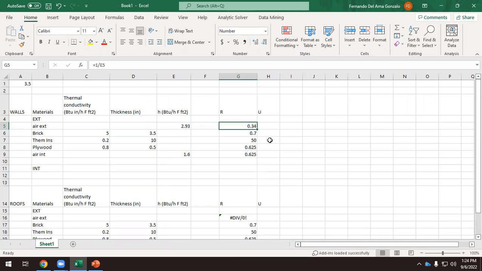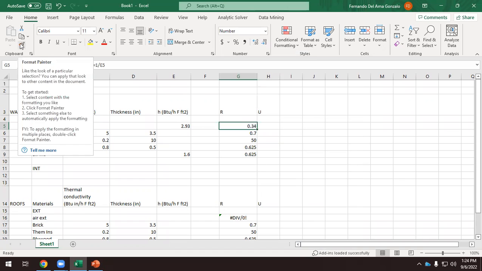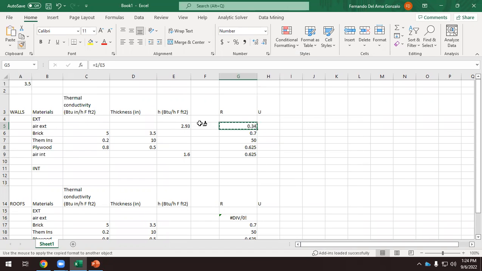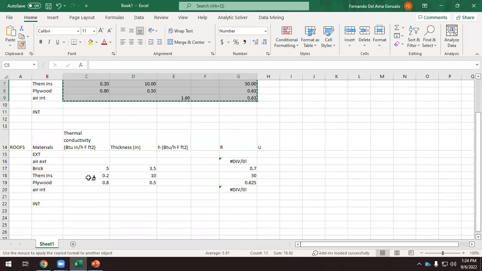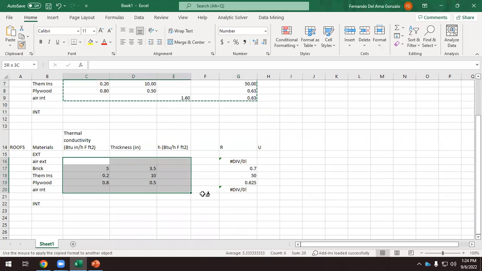So we select this decimal place, and then if we click here, this paintbrush, format painter, and we select all the cells with the same format, that's fine. So we have 2 decimals everywhere. So in fact, I'm going to select this and all these cells. I want the same format with 2 decimals, and these cells too.